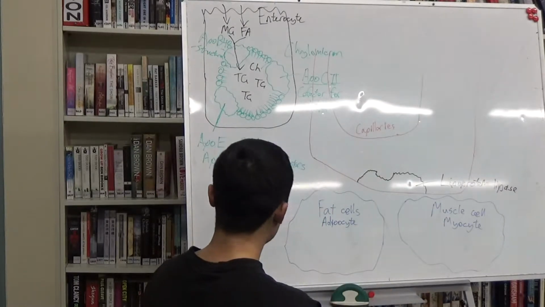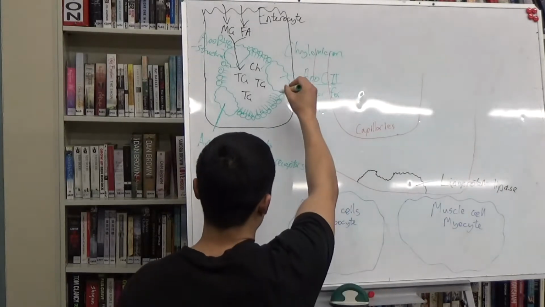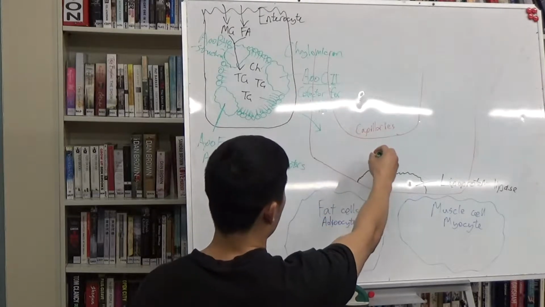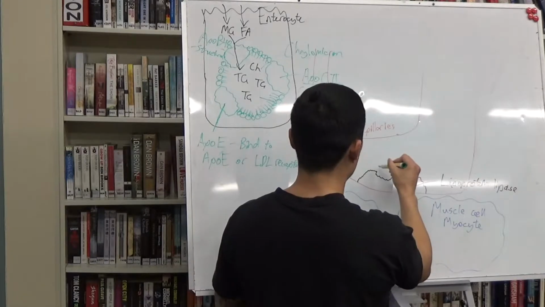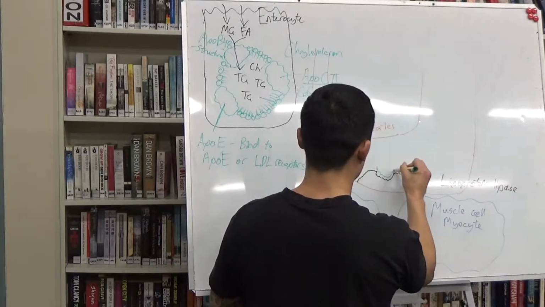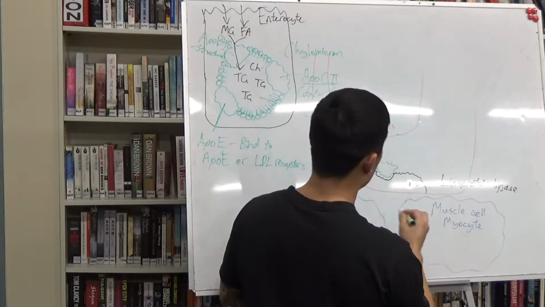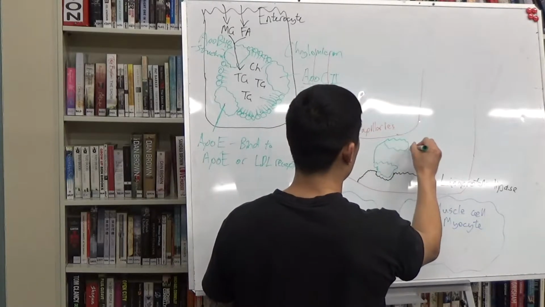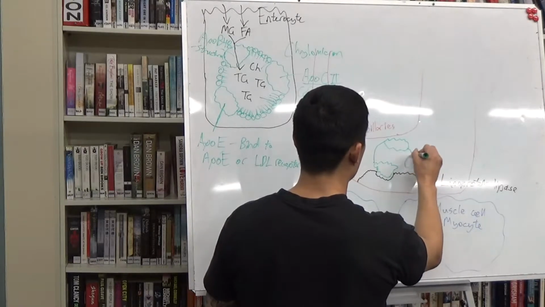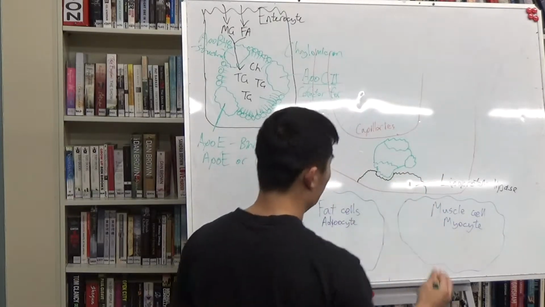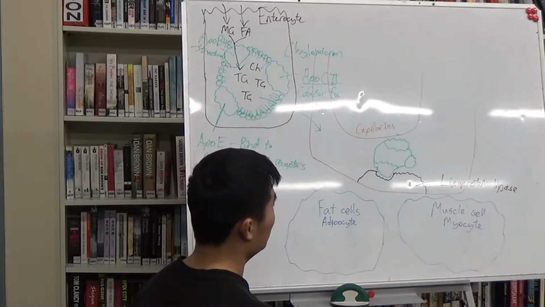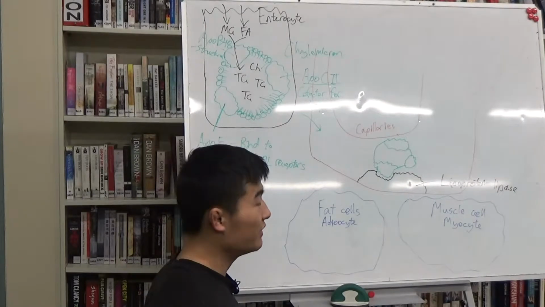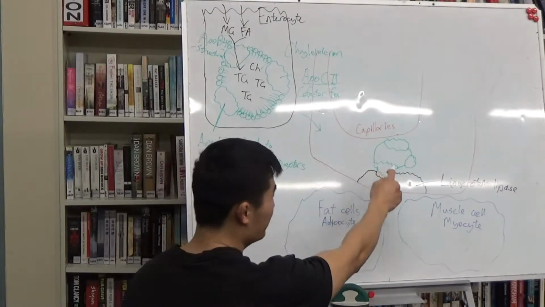So you're going to have your chylomicron come into the bloodstream, and it's going to travel into the capillaries, and this apoprotein is going to bind to the lipoprotein lipase, right? So what is this one going to be? Yep. So it's going to be ApoC2.